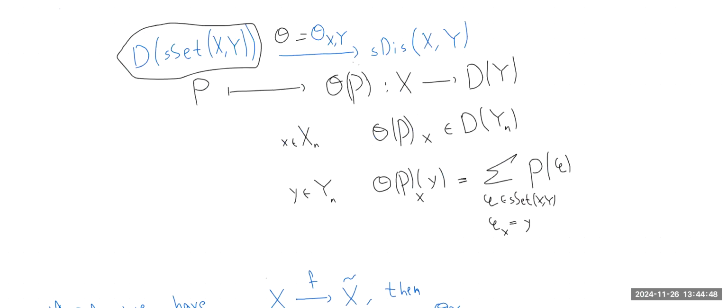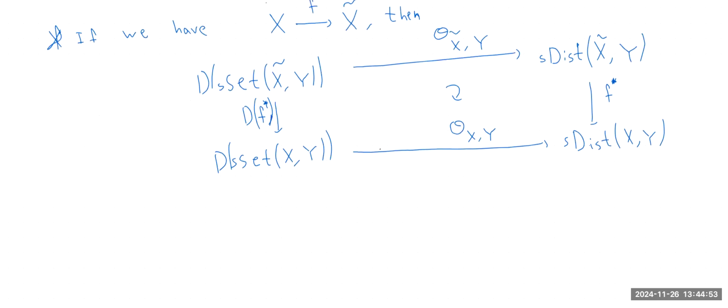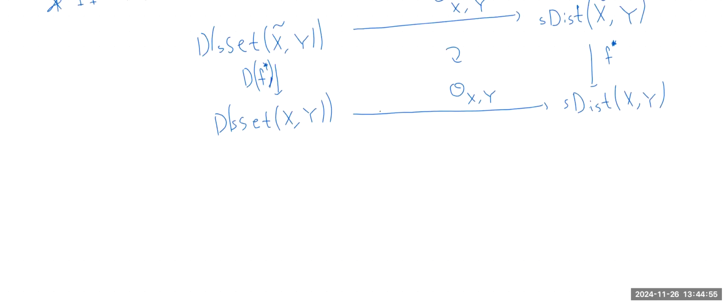And we can do the same if I have a map from y to y tilde. Let's call it g. Then we have something similar. Let me write it quickly. Fix x, but now y, and this will give me this map.